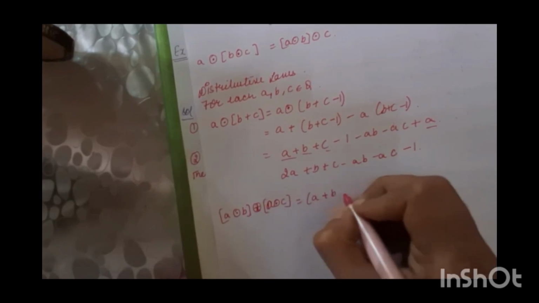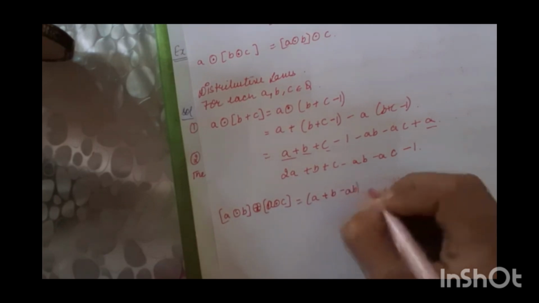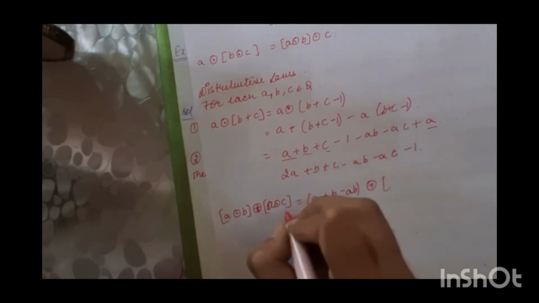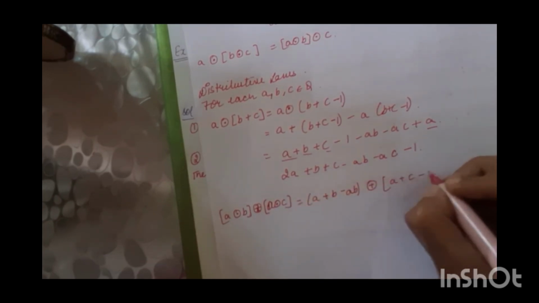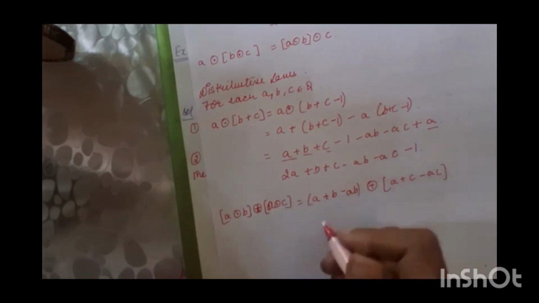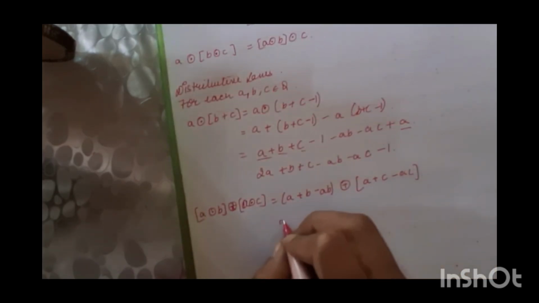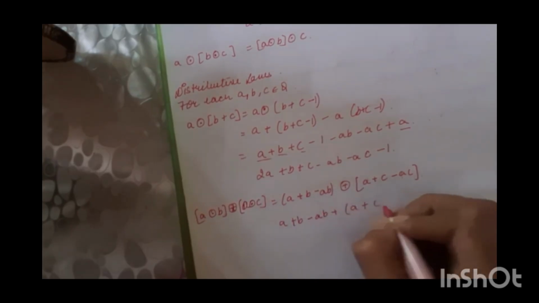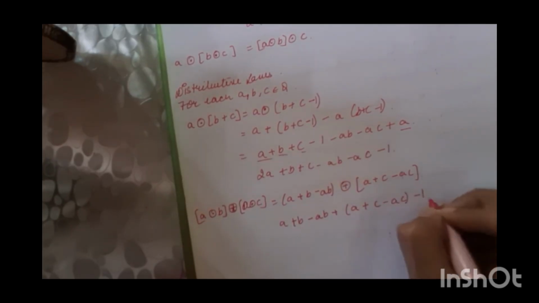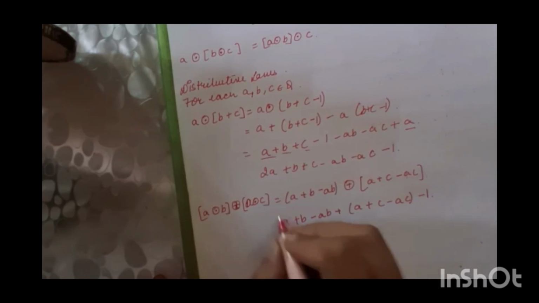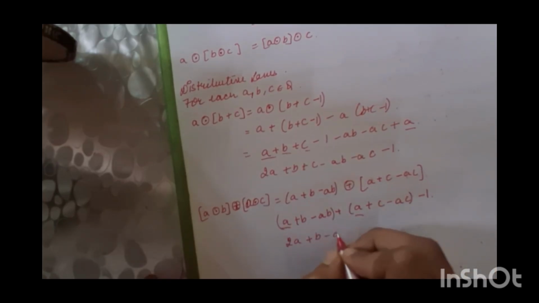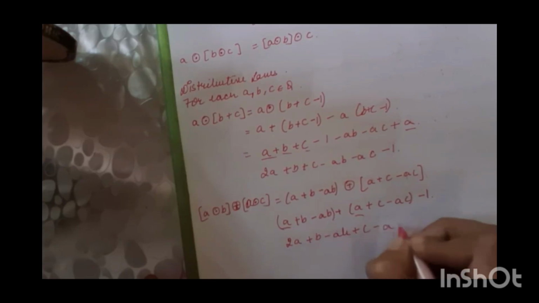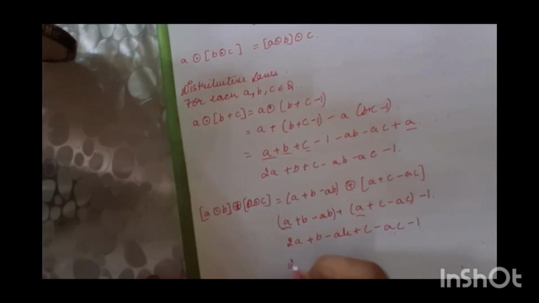So this is A plus B minus AB operating with A plus C minus AC. Now operating on this, what will we get? This will be A plus B minus AB plus A plus C minus AC minus 1. So now, this A, 2A plus B minus AB plus C minus AC minus 1.